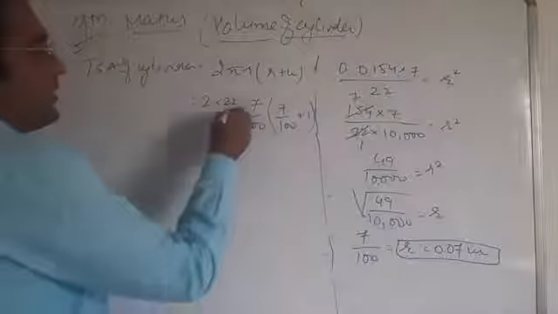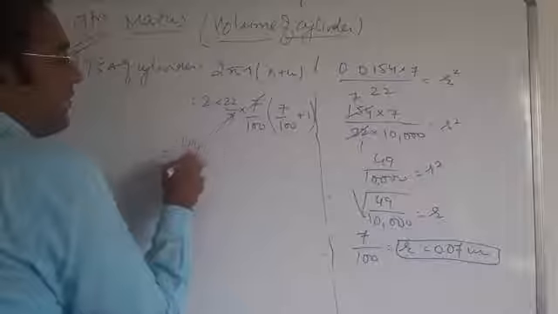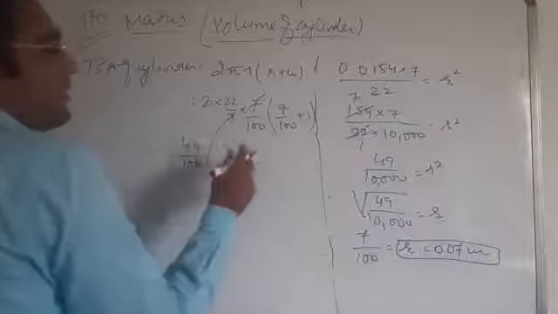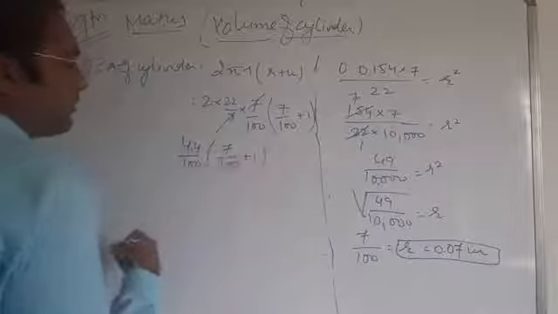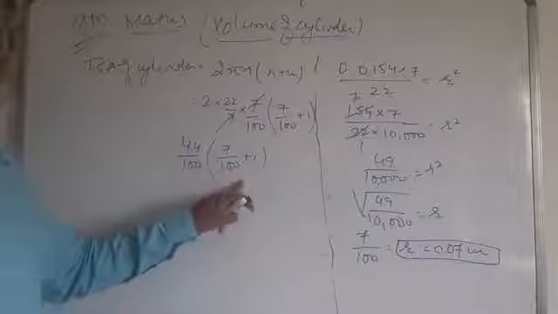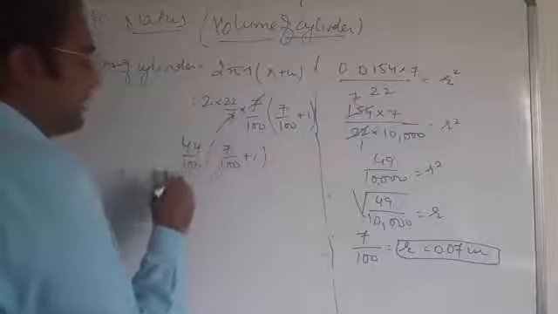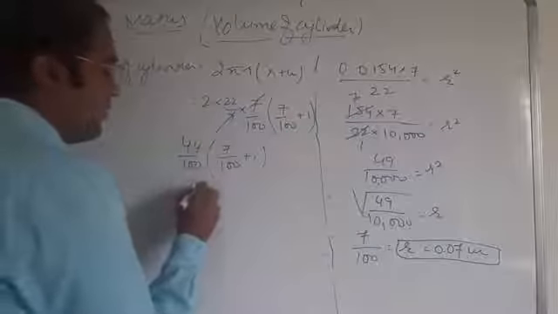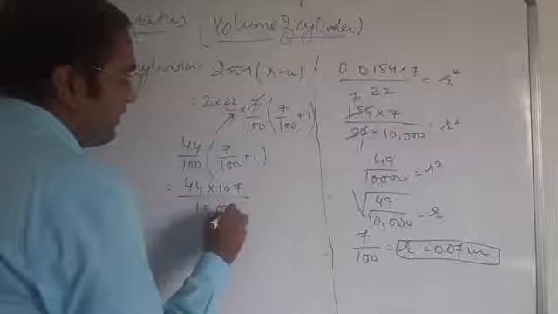So the 7s cancel out. So 22 twos are 44 by 100 in bracket 7 upon 100 plus 1. Now here we have to take the LCM. So 100 ones are 100, 100 plus 7, that is 107. So 44 into 107 upon 10,000.